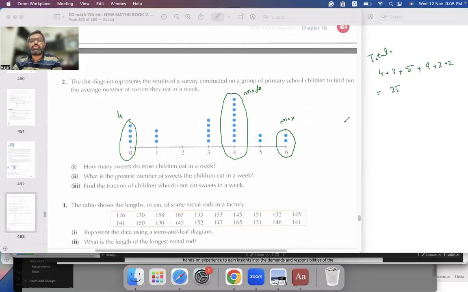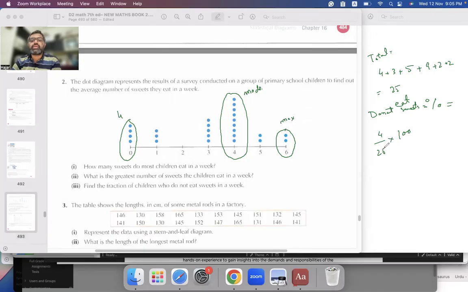So how many students do not eat sweets at all? We have to calculate it as a percentage. So in percent, we put it like that: 4 over 25 times 100.